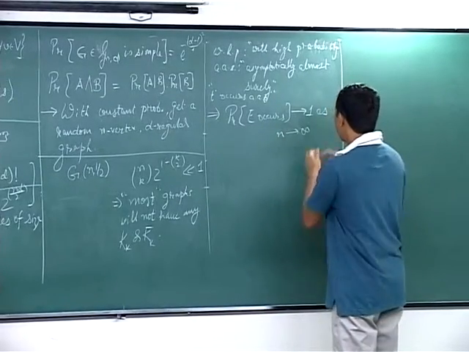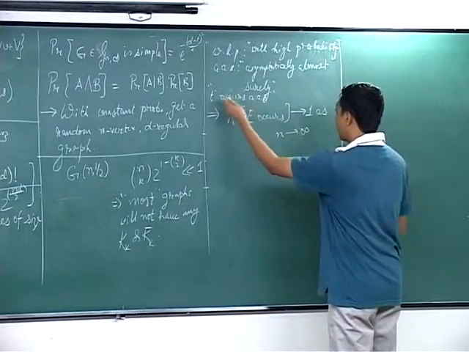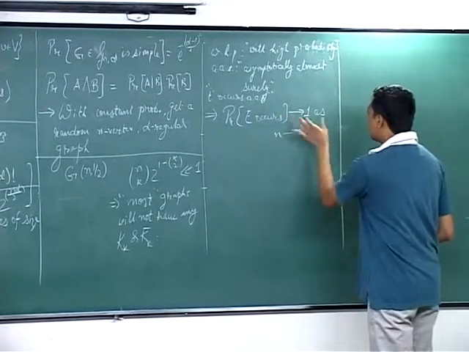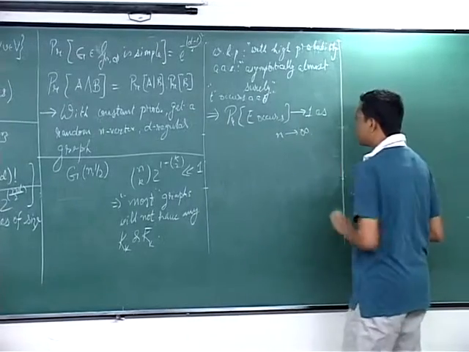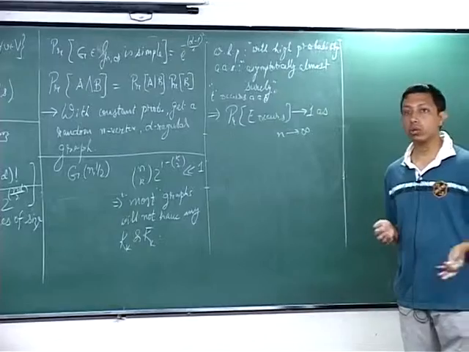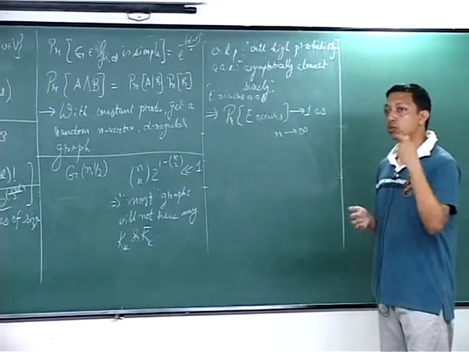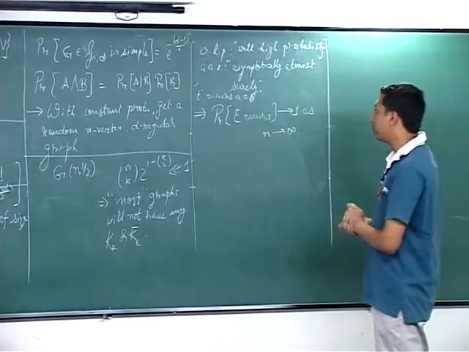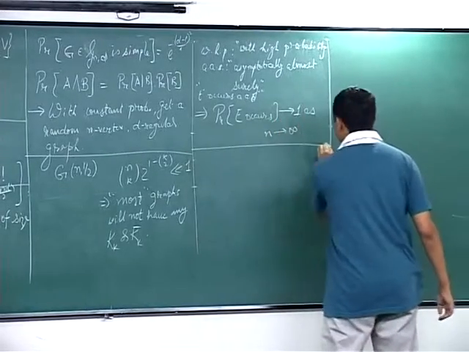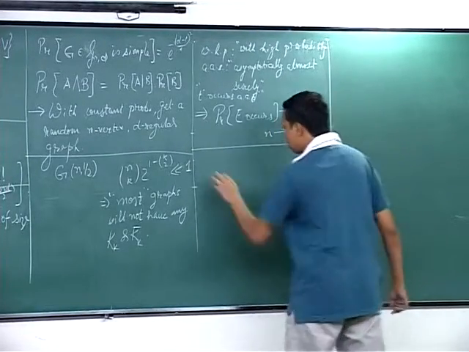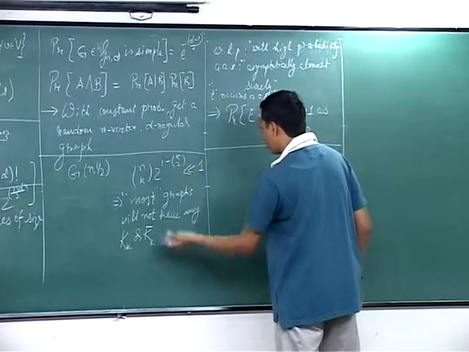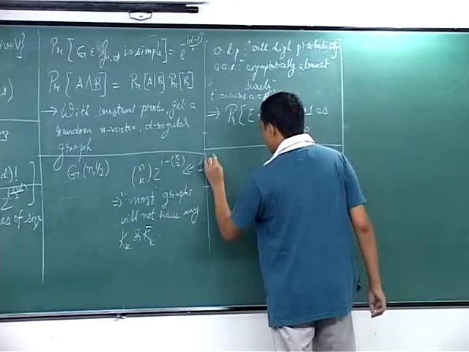To say something is asymptotically almost surely true means the probability tends to 1 as n tends to infinity. Similarly, if it does not occur almost surely, the probability goes to 0 as n tends to infinity.